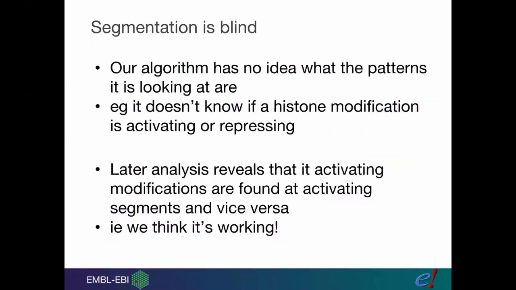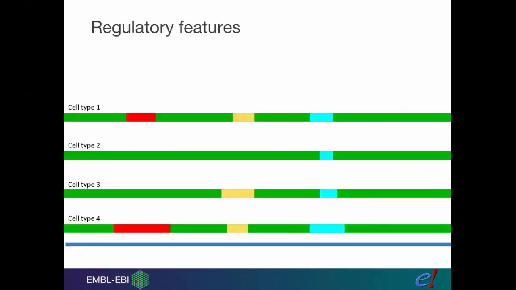If we've said that we'll just find things that look like other things, and then all of the things that it finds that say are activating actually have activating modifications, that proves that it's worked, that it's done what we intended it to do.